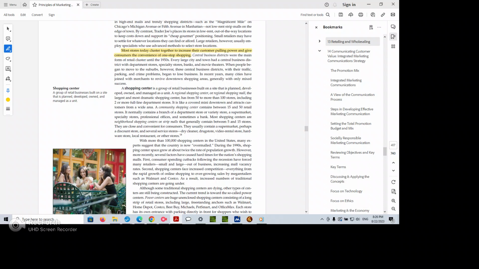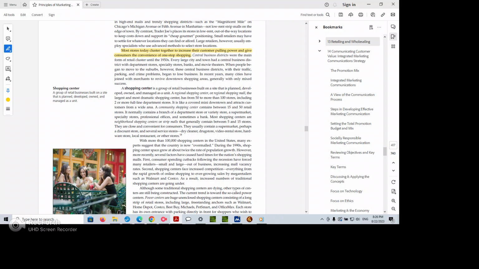Central business districts were the main form of retailer clusters until the 1950s. Every large city and town had a central business district with department stores, specialty stores, banks, and movie theaters.